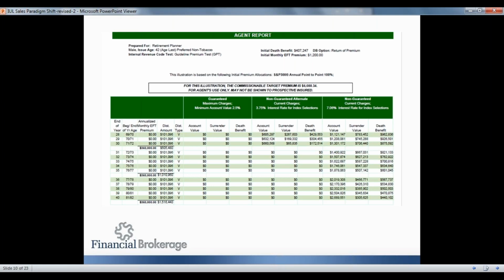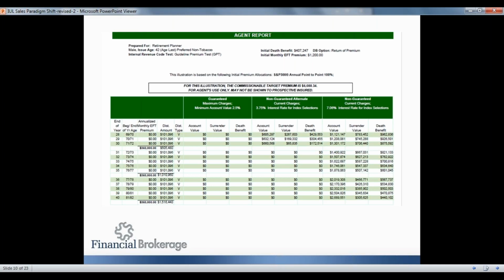But this was a case where we have a 42-year-old who we've determined needs $100,000 of income in retirement. Now, it doesn't really matter if that's the total amount or if that's to supplement the other stuff that this person has in force. But we need to get to $100,000 of income. And in this illustration, I worked backwards from $100,000.